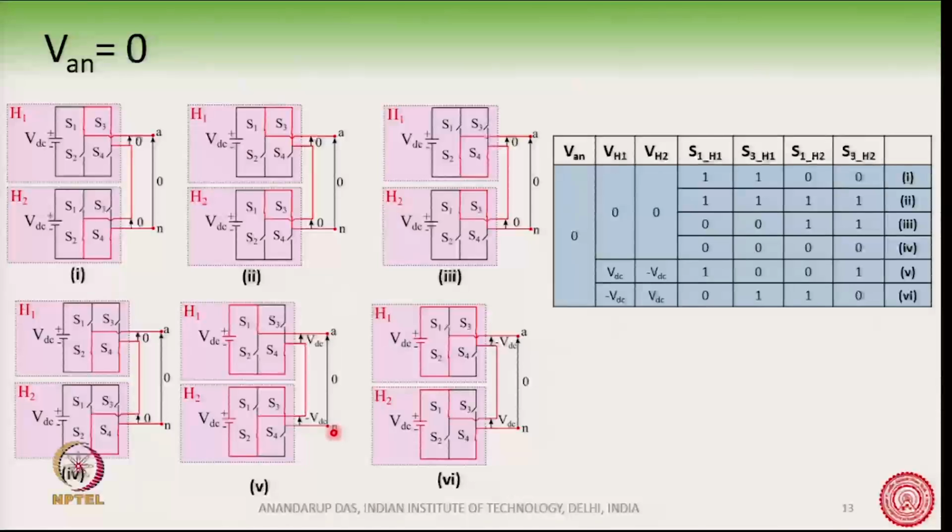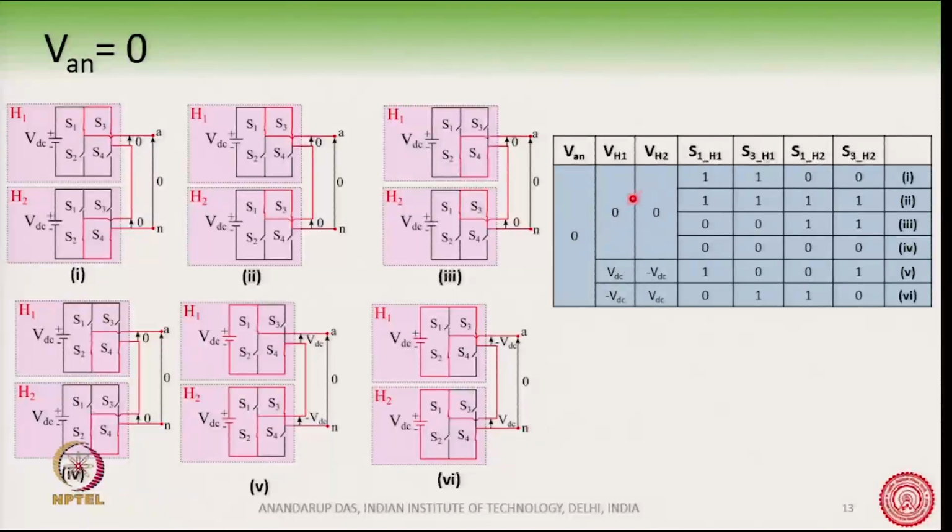H1 is producing plus VDC, while H2 is producing minus VDC, and they are opposing each other, so the net voltage VAN is equal to 0. Similarly, for this sixth combination shown here, H1 produces minus VDC and H2 produces plus VDC, and their total is equal to 0.